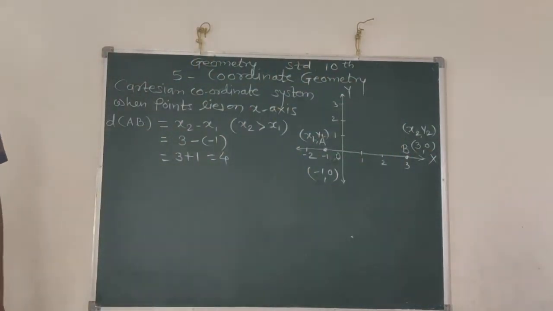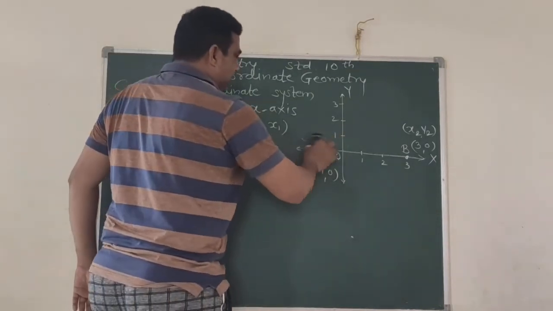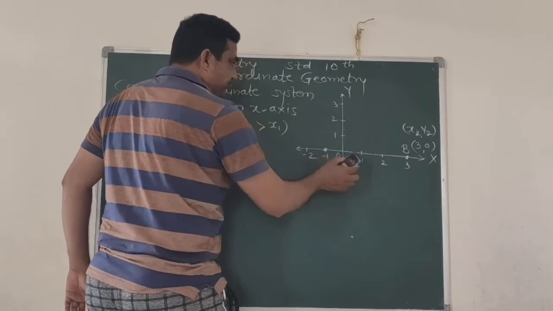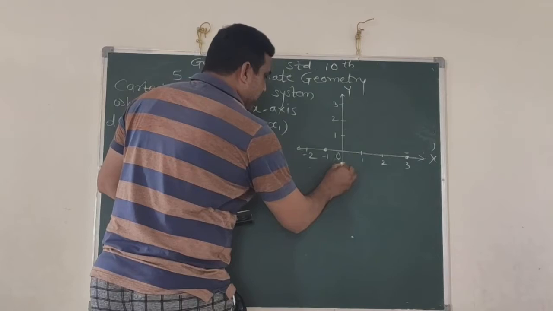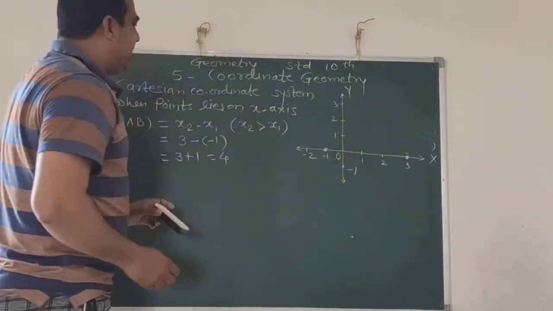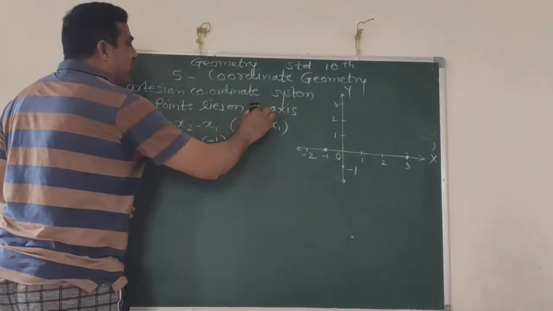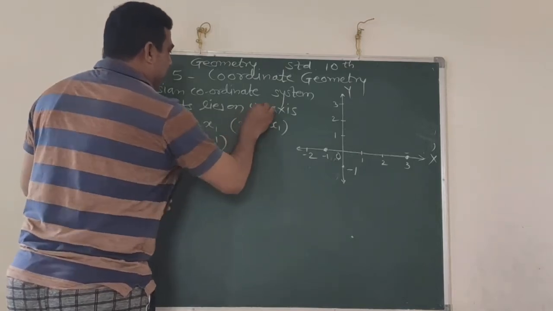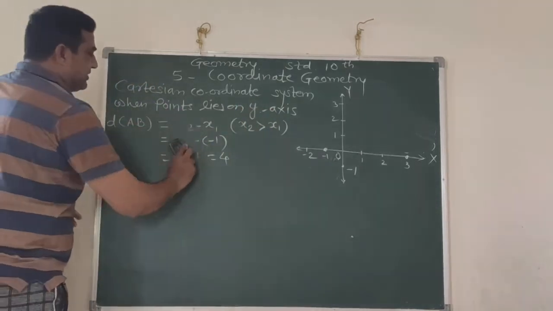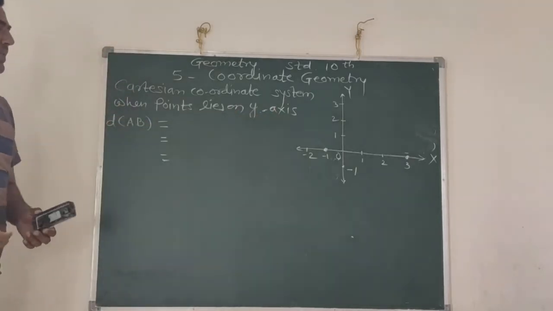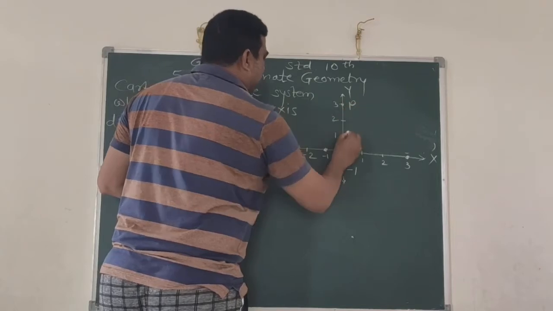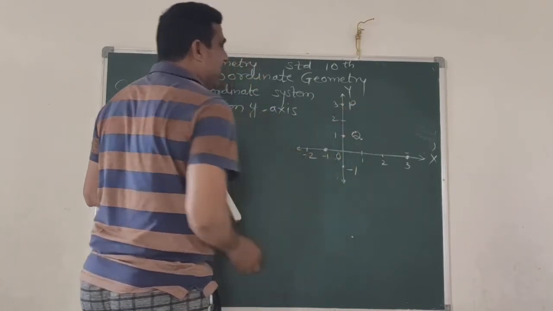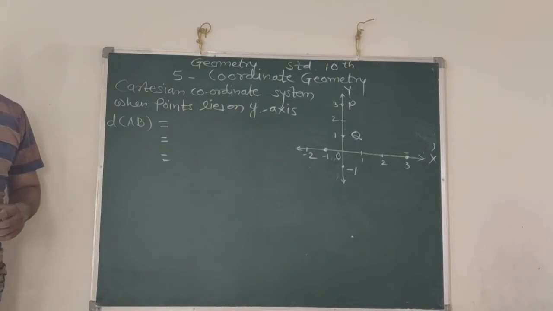Now, same coordinate system. Let's consider that the points lie on the y-axis. Now consider this again. Here that is point P, and that is point Q. Here, points P and Q lie on the y-axis.